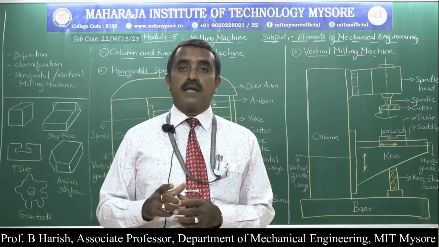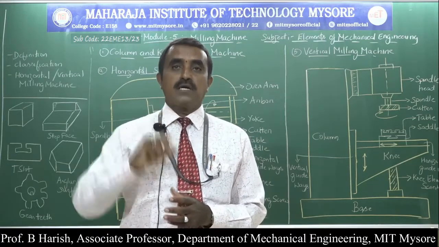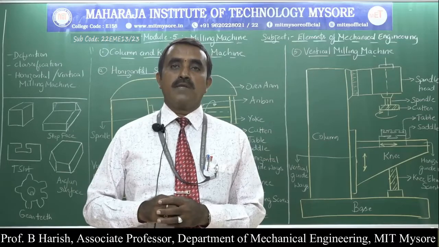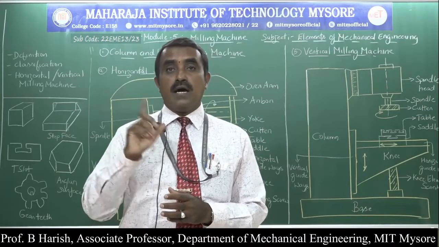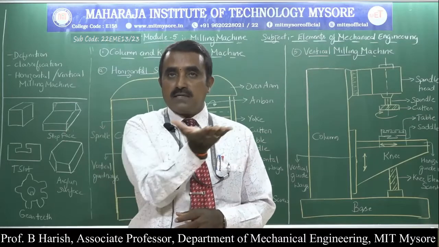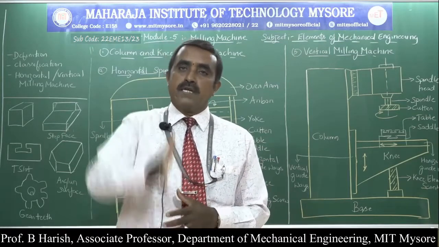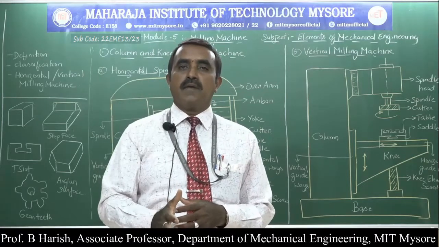The spindle is the rotating part on which the tool is fixed. Based on the direction of the spindle, if it is placed on the horizontal axis, it is called a horizontal spindle milling machine. If it is placed on the vertical axis, it is called a vertical spindle milling machine.